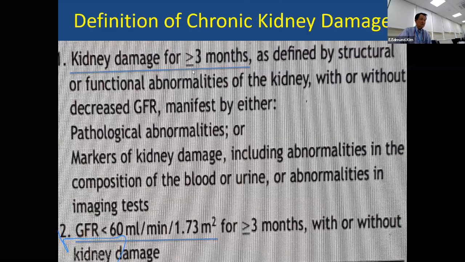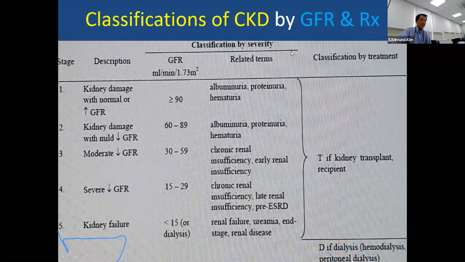So chronic renal disease is renal damage for more than 3 months, with GFR less than 60 mL per minute per 1.73 square meter for more than 3 months. That's called chronic renal disease. By GFR stage, usually GFR greater than 90 mL per minute per 1.73 square meter is normal.